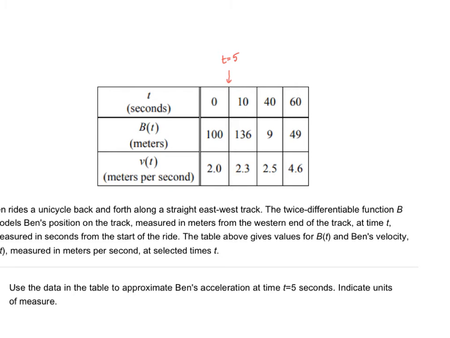So if we can find basically the average acceleration on this interval from 0 to 10, that'll approximate the acceleration when t equals 5, like in the middle. So we'll do that.